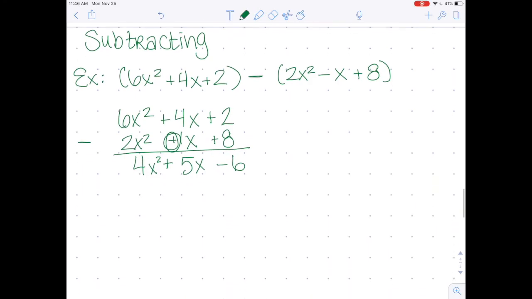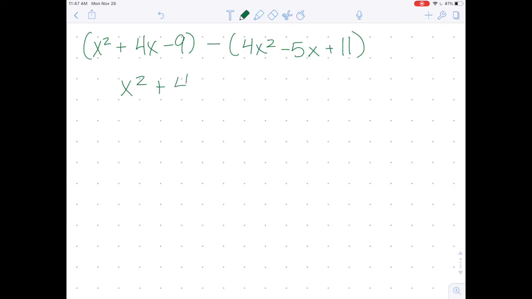Let's try one more example, and then we will call it a day. I've got x squared plus 4x minus 9. And we are going to subtract 4x squared minus 5x plus 11. So stack them up. We've got x squared plus 4x minus 9.